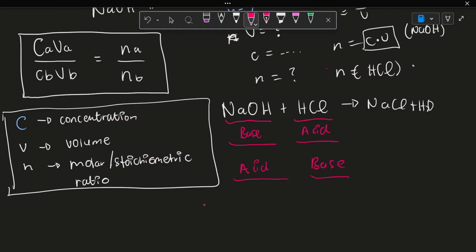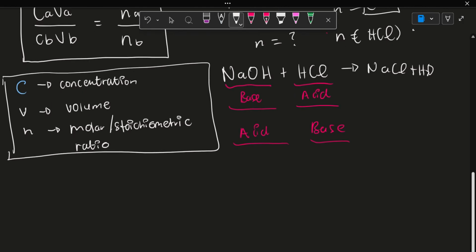If I chose to use this equation, I would be given a certain number of moles of sodium hydroxide. Sorry, not the number of moles, but the concentration. So the concentration given would be 0.1 moles per cubic decimeter, right?